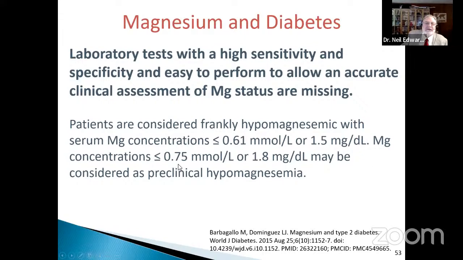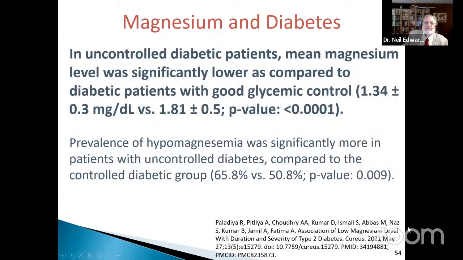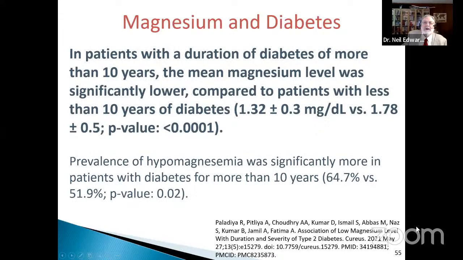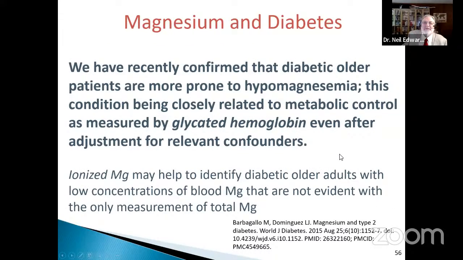But even levels of 0.75 millimoles per liter or 1.8 milligram per deciliter can be preclinical low magnesium status. Level is significantly lower in uncontrolled diabetic patients versus those with good glycemic control. And the longer duration of diabetes, the more likely the magnesium level is going to be significantly lower as well. So that's another factor as well.